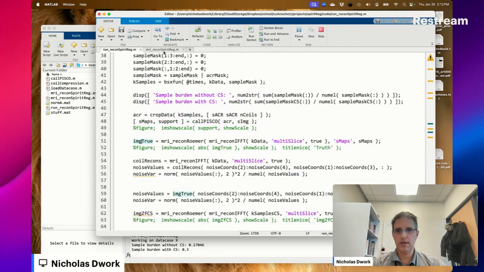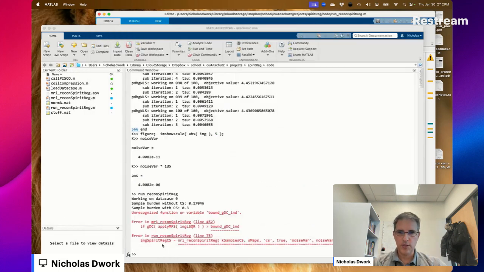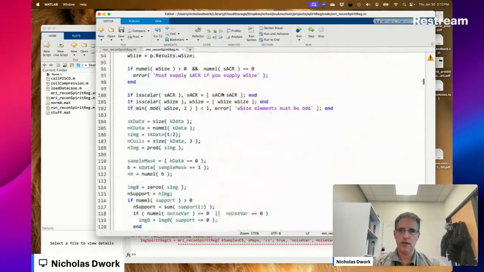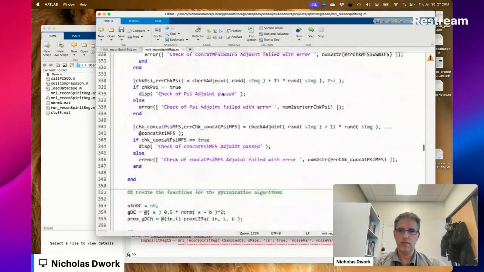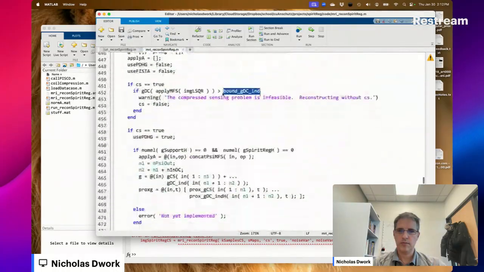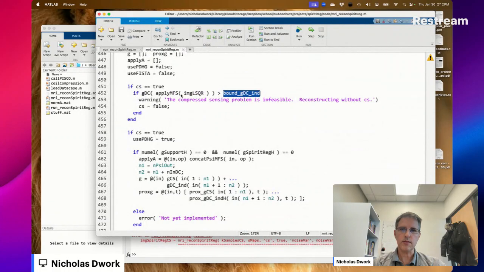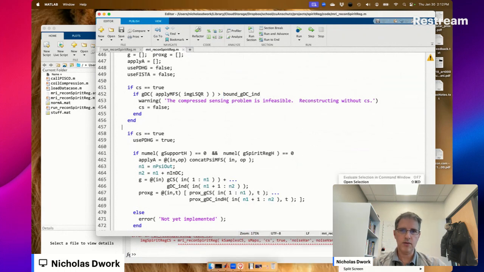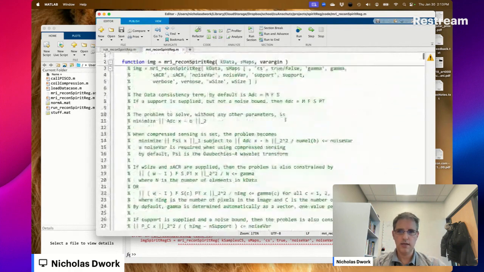Will that work? No, it clearly will not. I think that thing called bound is going to be the error.